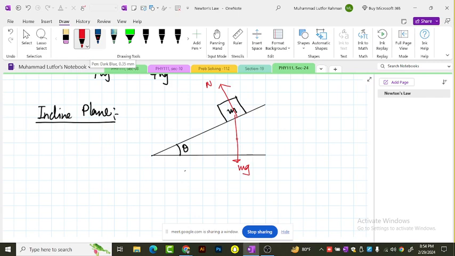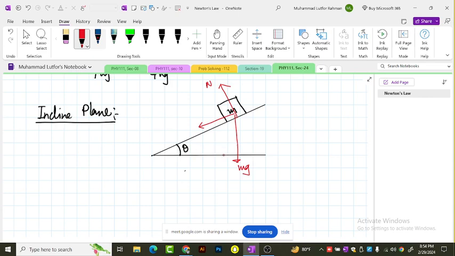According to Newton's second law, it is supposed to move in the direction of the net force, but it is actually moving in this direction. It means there must be some component of that force that we need to find out. The component of that gravitational force will do that job of dragging the block downward along the plane. So I need to find that out.